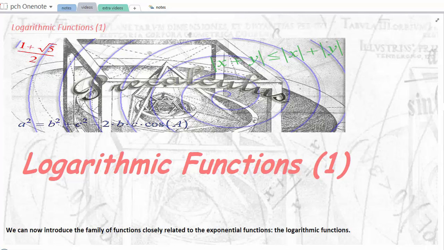Again, let me repeat what I said at the beginning of this unit. Logarithms were introduced before exponentials, okay? For the longest time in history, mathematicians, people interested in mathematics rather, had some qualms about all sorts of numbers.